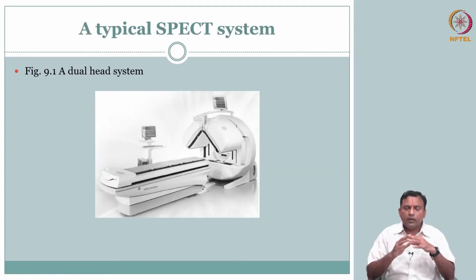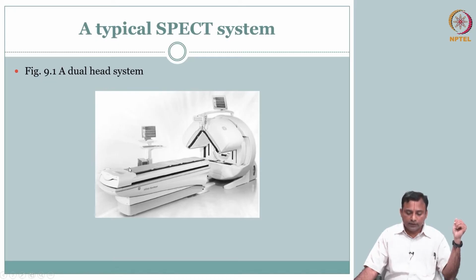As you will see, this is a typical SPECT system. What you notice here, apart from the patient table, is this arm. In planar scintigraphy, we talked about this Anger camera, which was flat, and that was your planar scintigraphy.